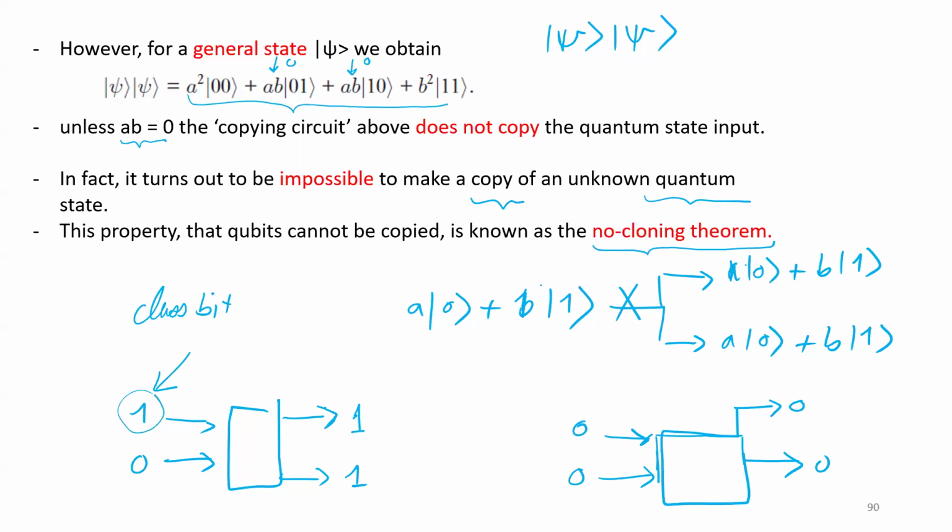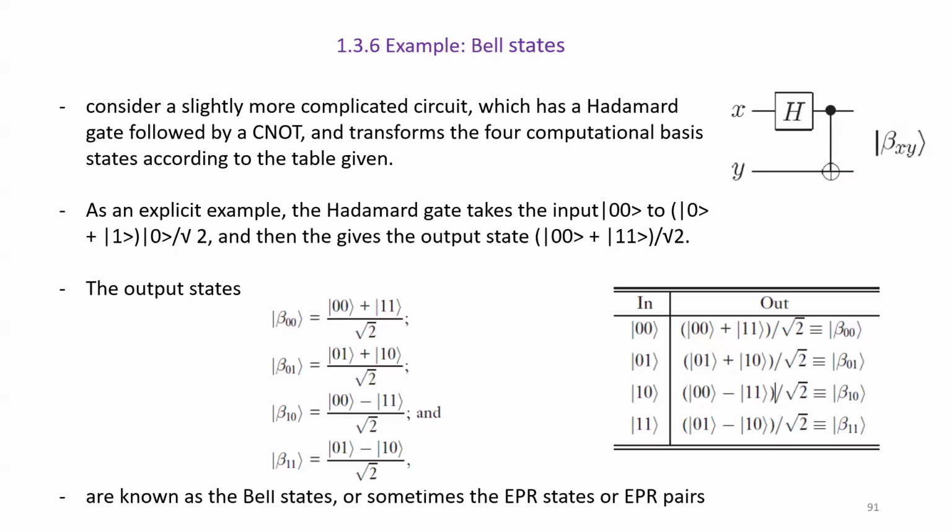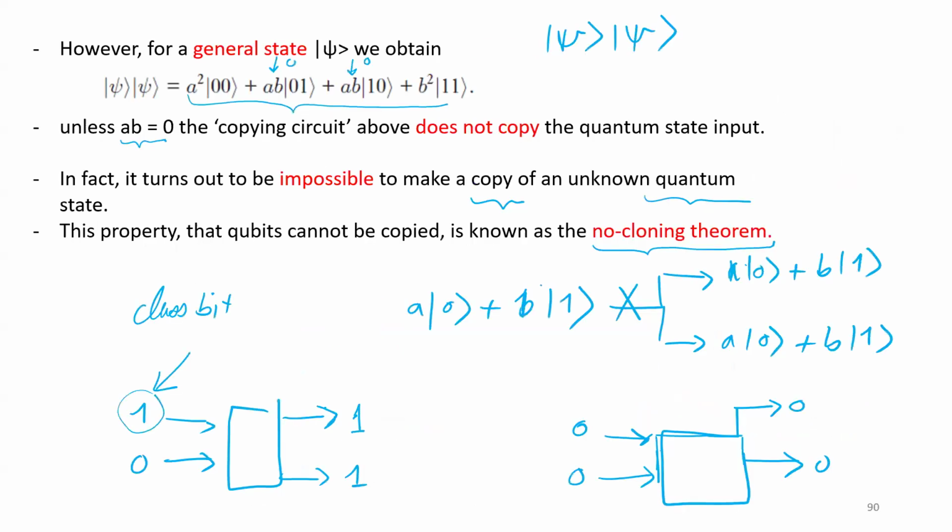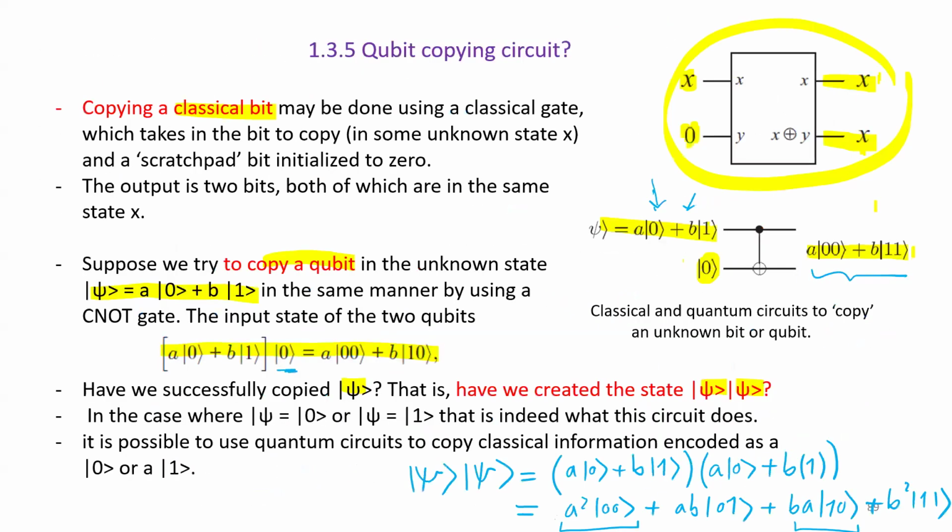So think about this. You are sending, for instance, a piece of information from this place to this place. You are making quantum teleportation and you are sending a qubit state.